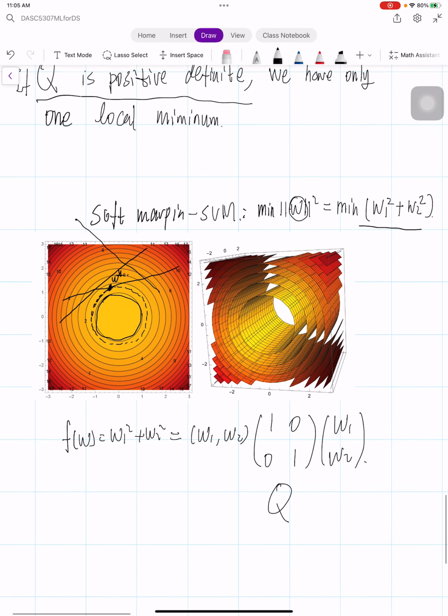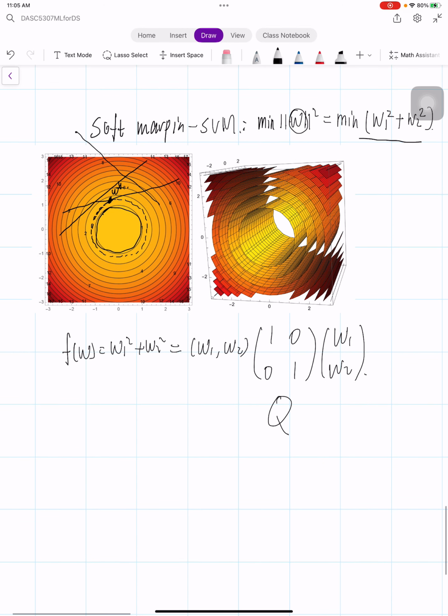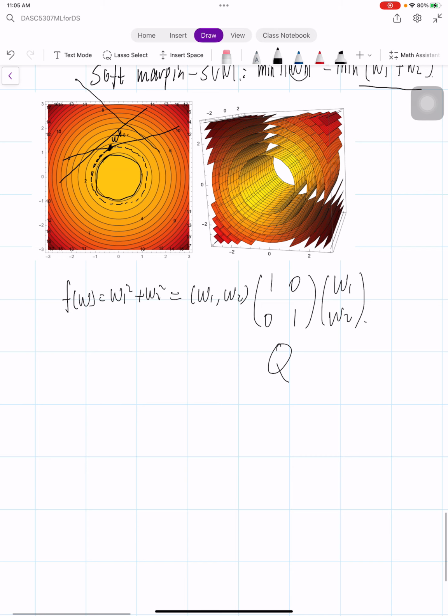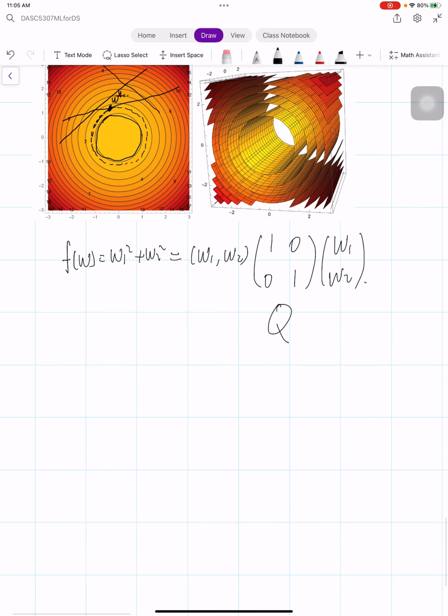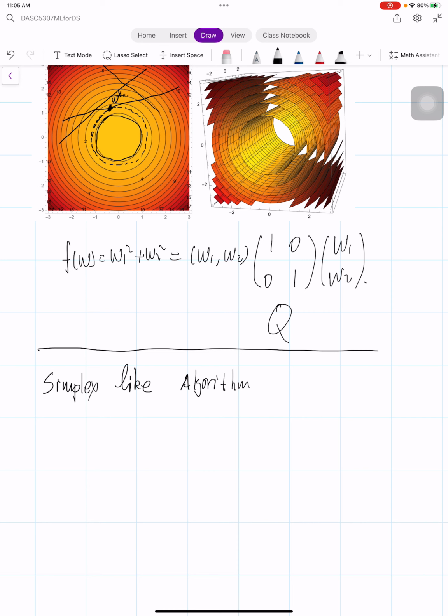And for the algorithms for quadratic programming, in Python there are simplex-like algorithms to solve such problems.